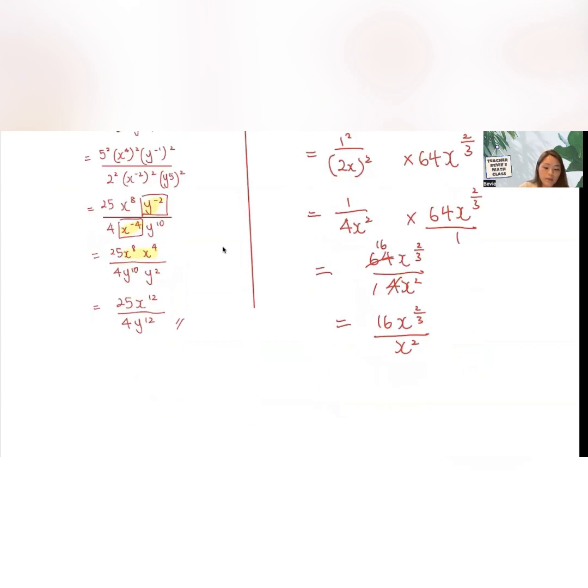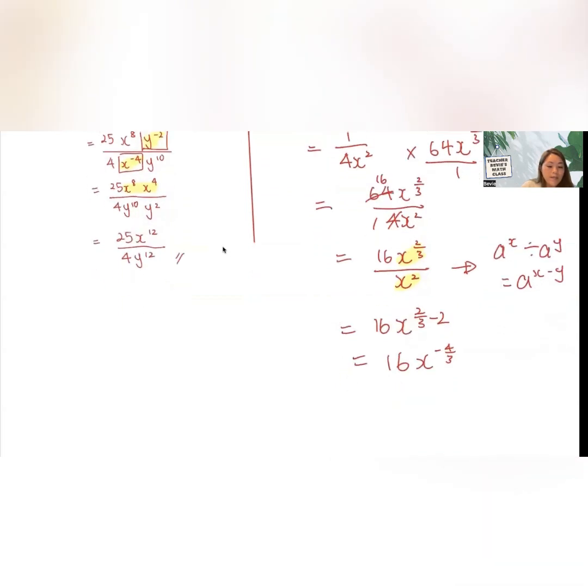And over here, to simplify this portion of indices, I'm using the division law, a to the power of x divided by a to the power of y gives me a to the power of x minus y. So it's 16 x to the power of 2/3 minus 2. Using my calculator, I get 16 x to the power of minus 4/3.